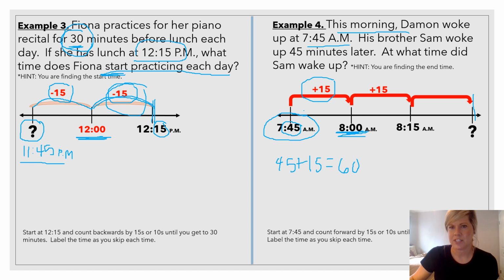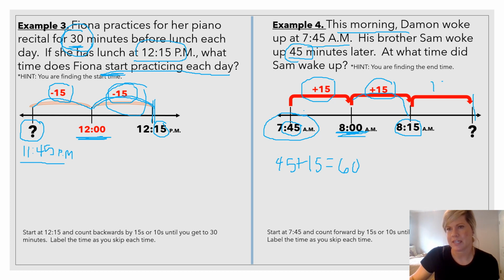Okay, I need to go 45 minutes. I've only gone 15. So I'm going to jump another 15. 15 plus 15 is 30. So we've gone 30 minutes. Here's my new time that I've written, 8:15. Okay, now I still need to go to 45. I've only gone 30 minutes. So what number should we skip by next? 30 plus what would give me 45?